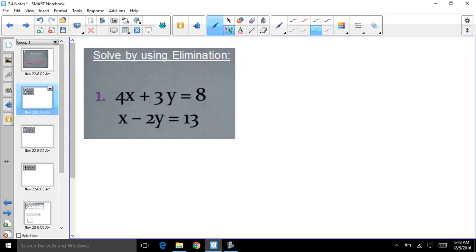Here we have 4x plus 3y equals 8, and then x minus 2y equals 13. They want us to solve by elimination, but right now we don't have any terms that are the same or that are similar. So one of the options that we have is to change one of the equations by multiplying so that two of the terms will be the same.